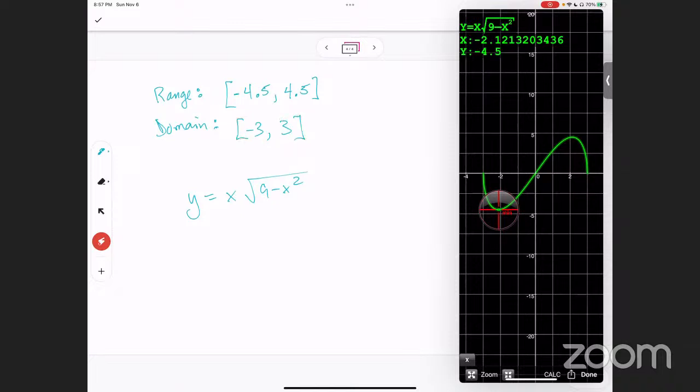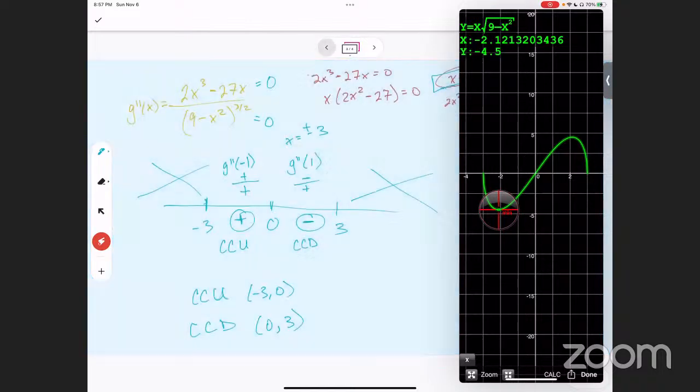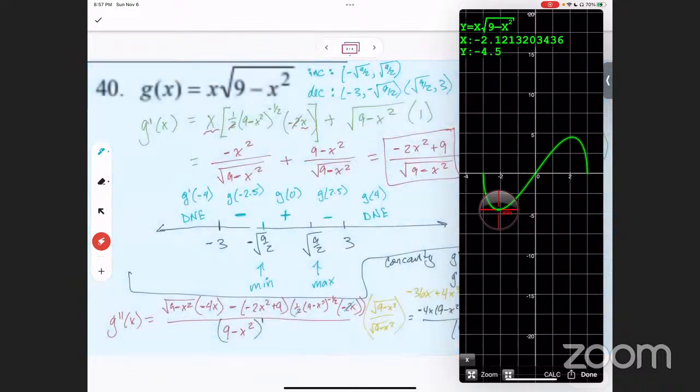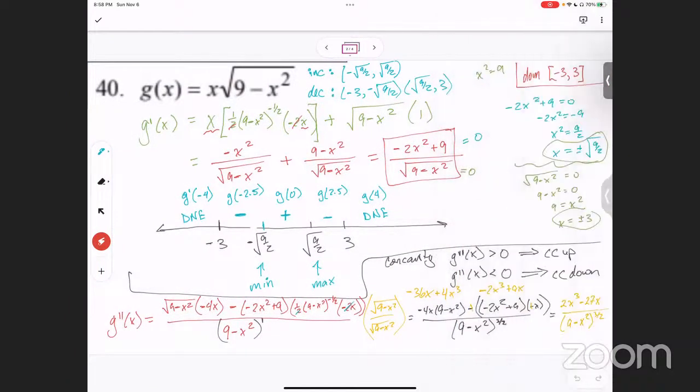But the double derivative isn't defined at -3 and +3. The derivative, not the double derivative. Look at the derivative, this red graph here. You see the difference between this one? Yeah. You're not allowed to plug in any numbers bigger than 3 or smaller than -3, because that would give you a negative underneath the radical.